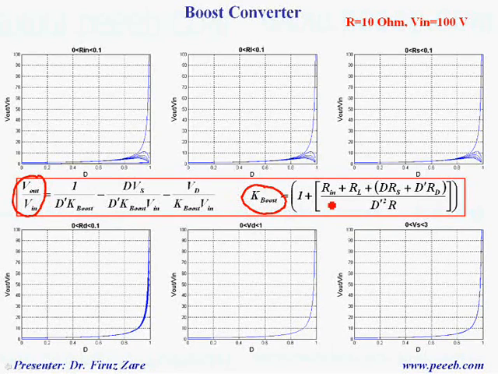So again, here we can look at the main parameters which may change the conversion ratio. We know that at high duty cycle, these resistances may change the conversion ratio.